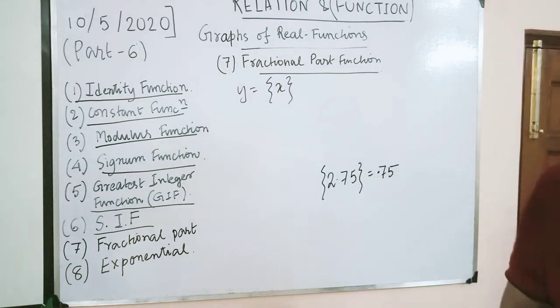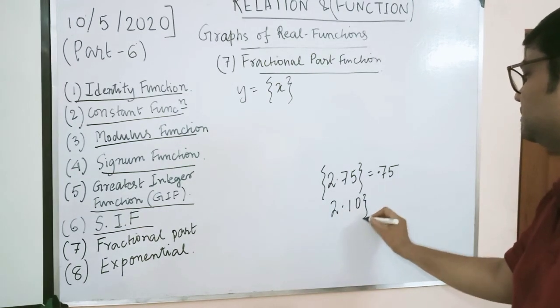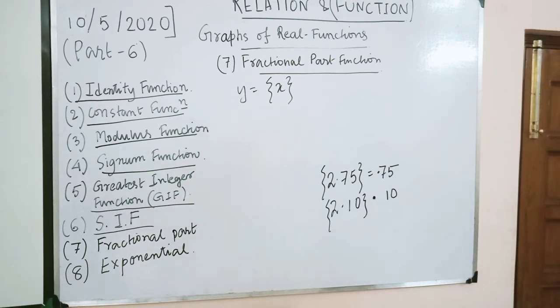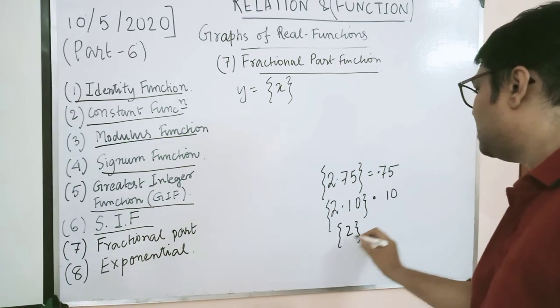That means only the fraction part is considered. Now if you get something like 2.10, it will be 0.10. And obviously if you get something like 2, it will be 0.